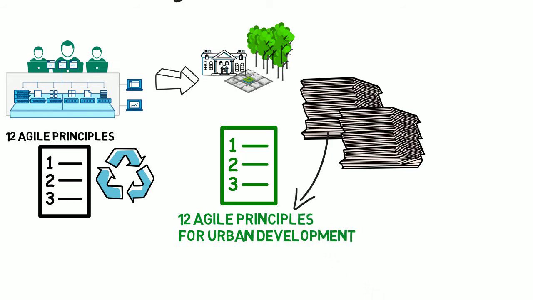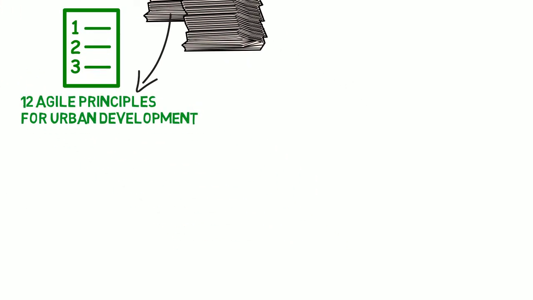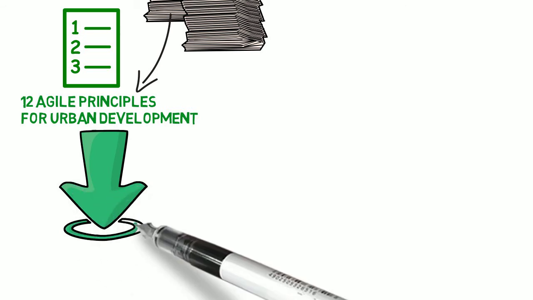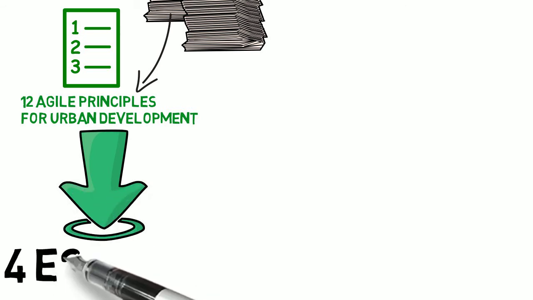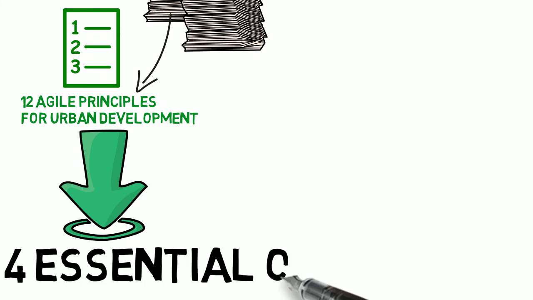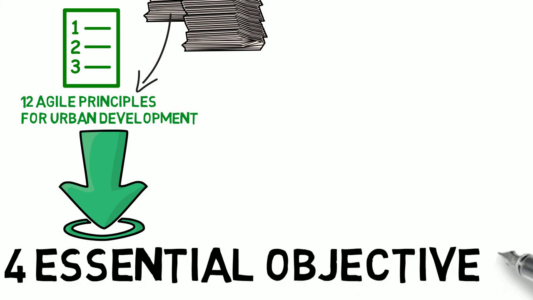However, there is no document where they cover all the 12 principles. So, what we did in this paper was to make the case for introducing agile development in the domain of urban development and urban adaptation. In the process, we also realized that these 12 agile principles can be summarized into what we call 4 essential objectives of agile urban development.